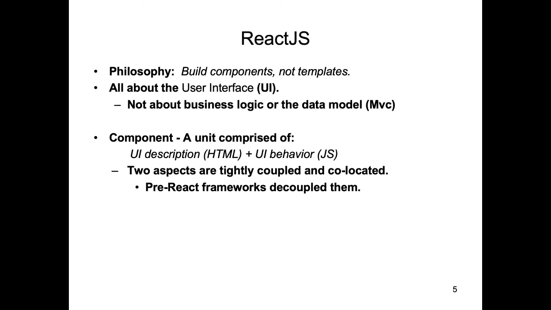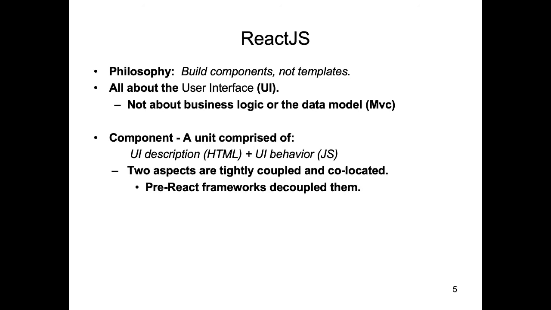And what was different about React at the time was that these two elements, the UI description and the UI behavior, were co-located in the one physical file. That was different in the templating approach. In the templating approach, you put your behavior in a JavaScript file, but you put your template in a different file, and you found yourself flipping back and forth between the two.